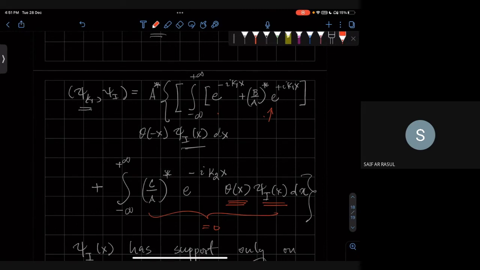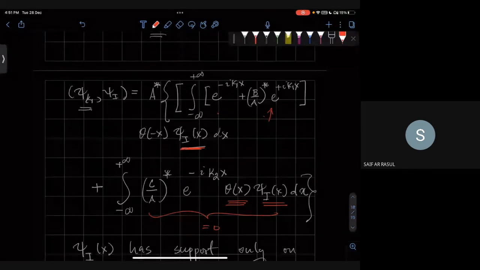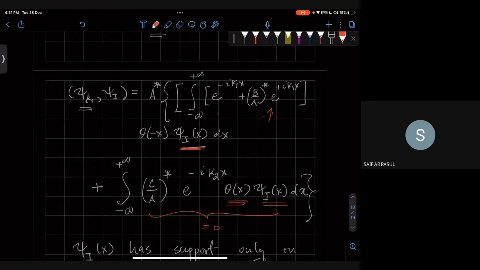The reason is that psi of I contains a sum over momentum modes which, if you evolve them in time, travel to the right. Whereas this thing is a momentum mode that, if you evolve it, is traveling to the left.